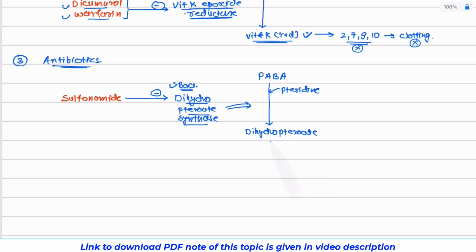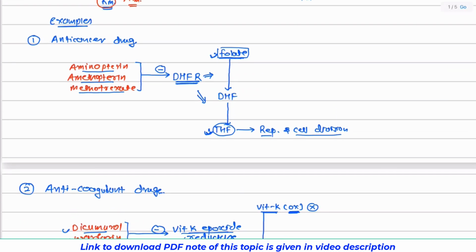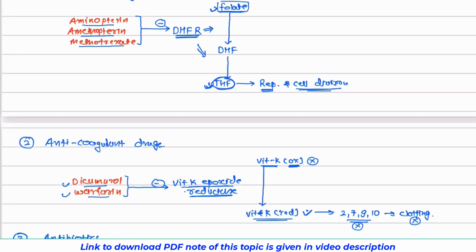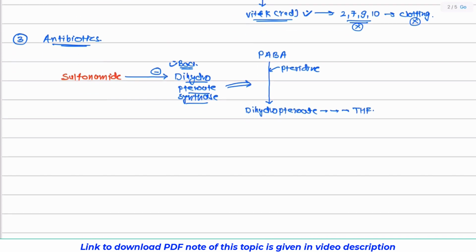This dihydropteroate further undergoes a multi-step reaction to give rise to tetrahydrofolate. And as we had seen earlier, this tetrahydrofolate is responsible for replication and cell division. So in the bacteria also, this tetrahydrofolate is useful for replication and cell division. Right.